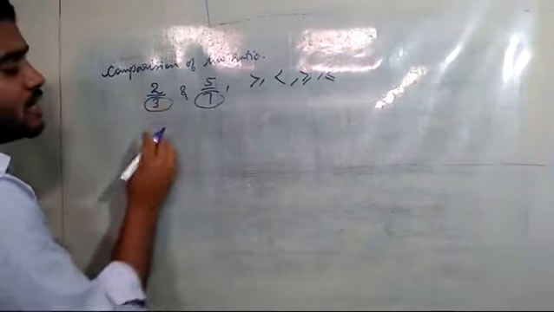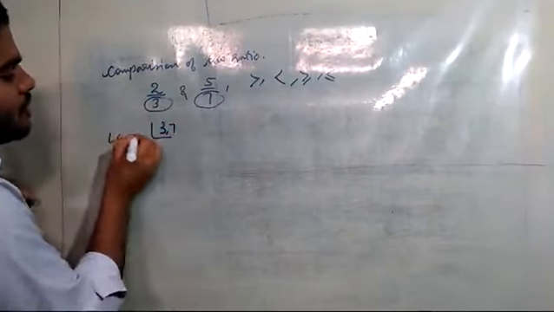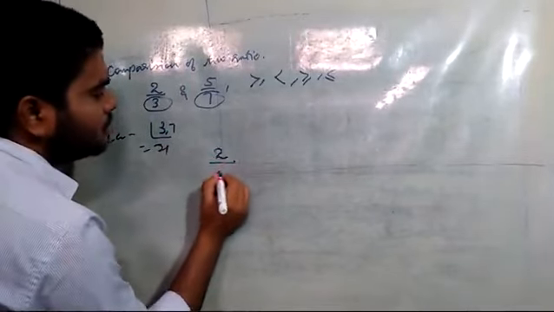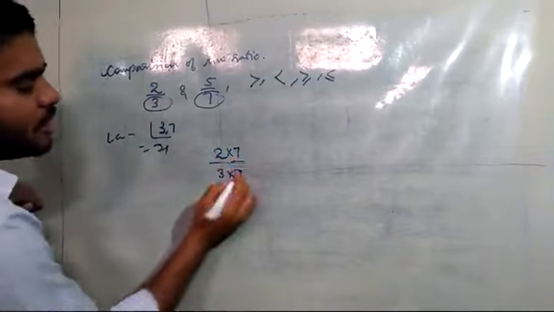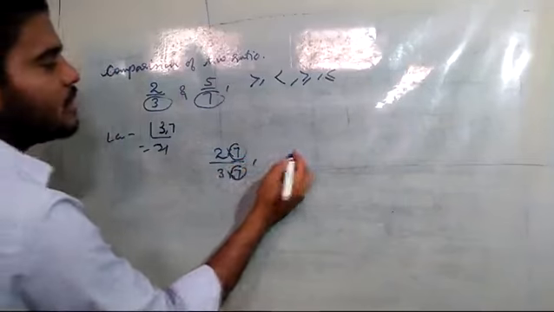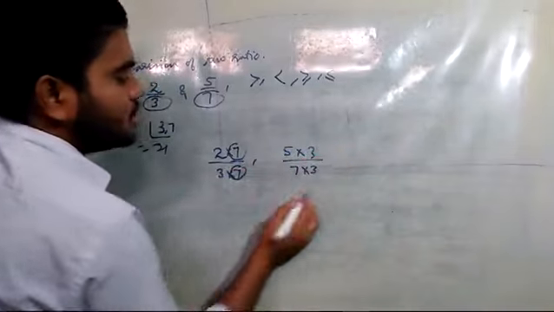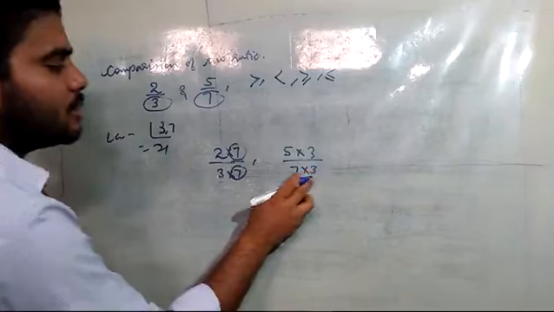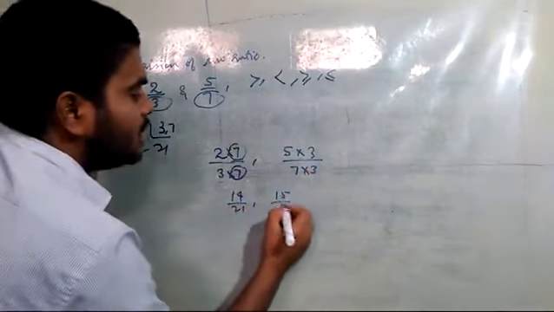The LCM of 3 and 7 will be 21. To make it 21, we multiply here by 7, and here by 3, with the numerators also multiplied. So it is 14 by 21 and this is 15 by 21.